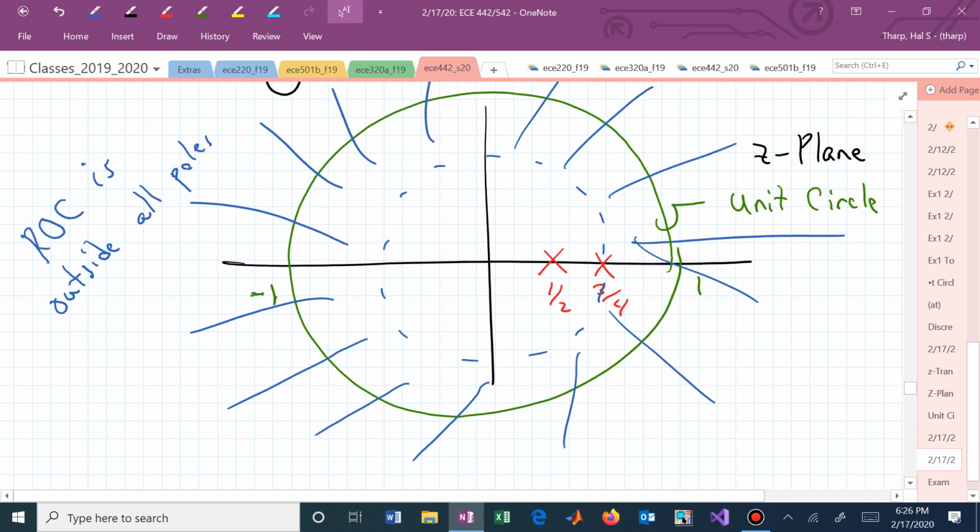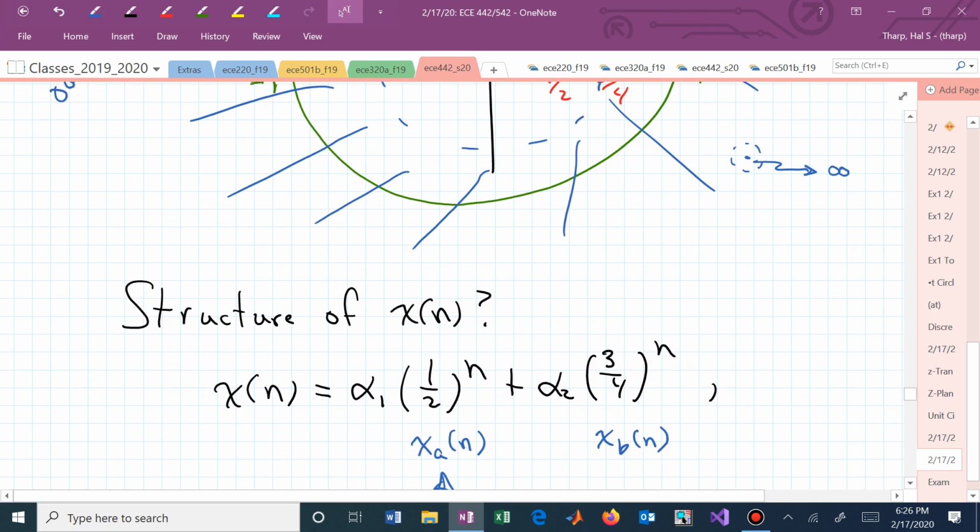And since we shaded those lines, if you couldn't see, are going off to infinity, we can put a hypothetical z value going off to infinity. What's the structure of little x of n?